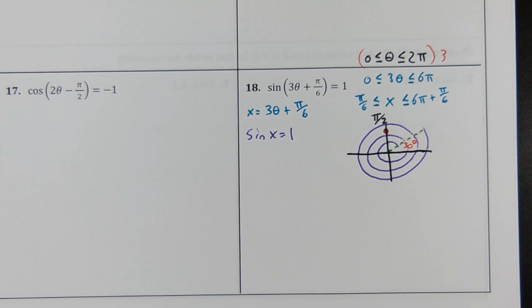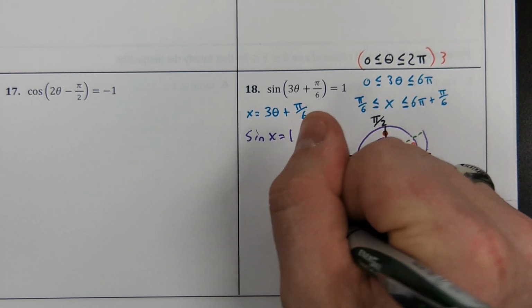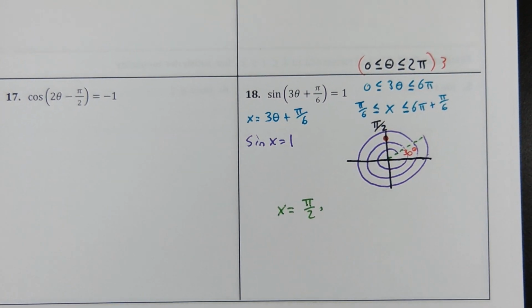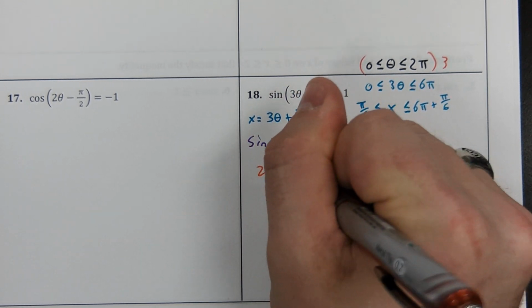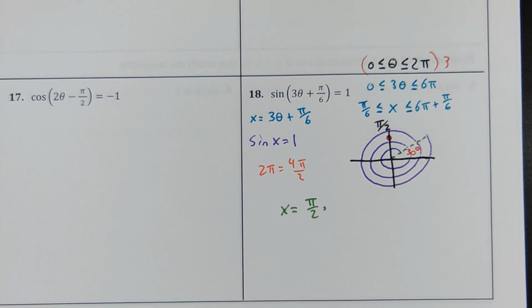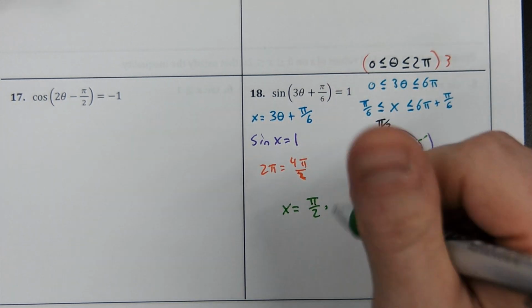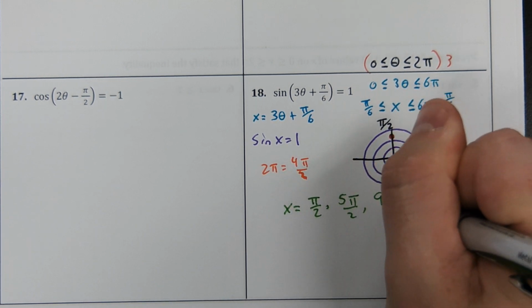And then we have 2 more, and we know that each time is just 1 period away from the last, right? So we have answers of x equals, we knew the first one was pi over 2. And in case you don't remember, 2 pi is 4 pi over 2. So we just add 2 pi, which means we just add 4 to the numerator. 5 pi over 2 and 9 pi over 2.